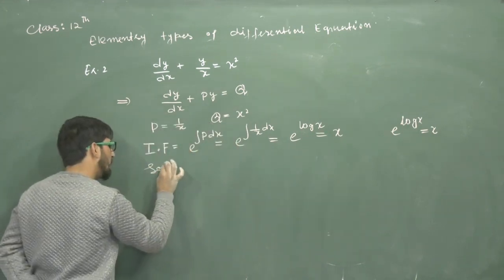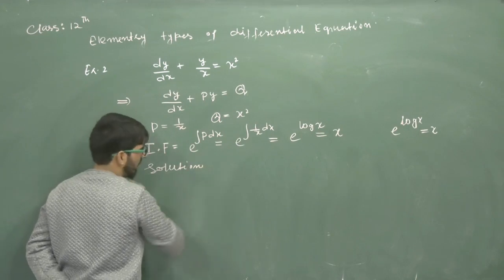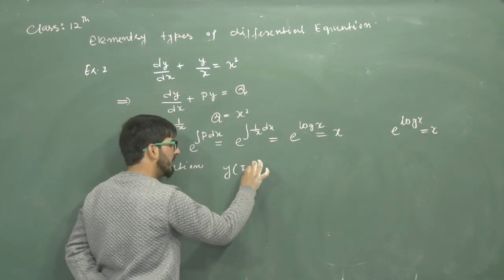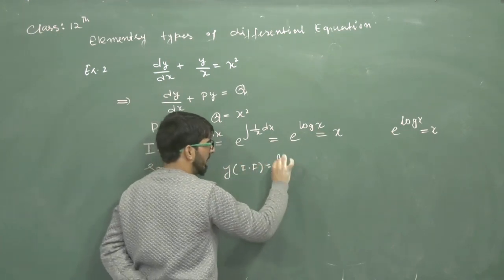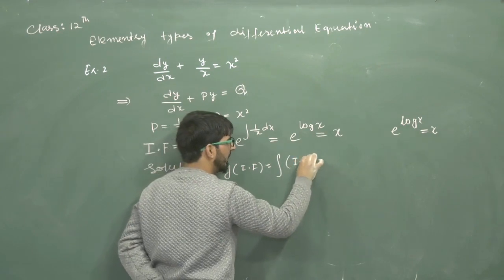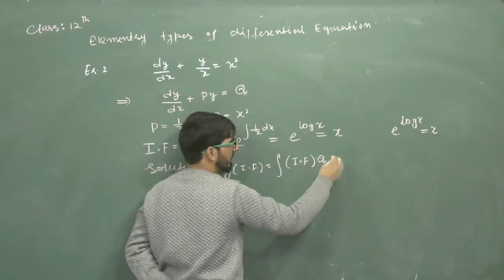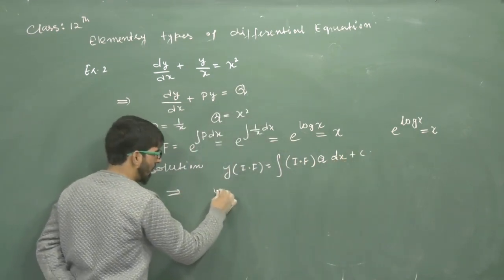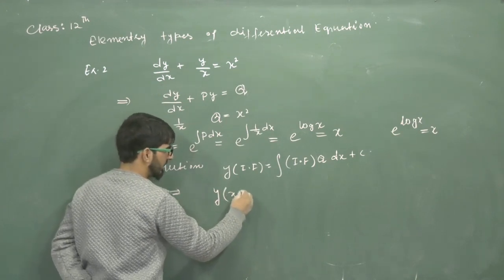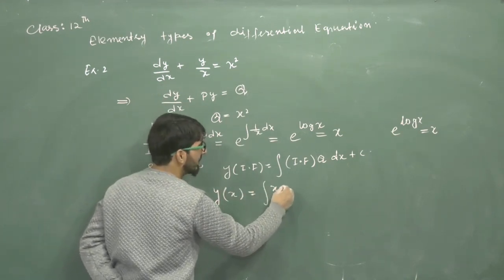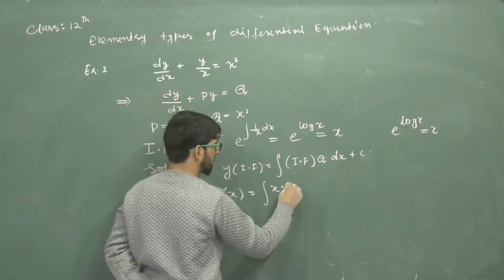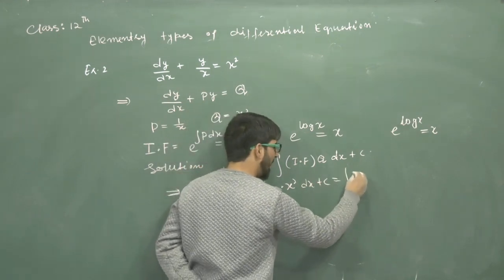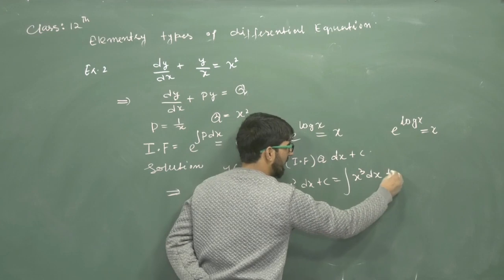As we know that the solution of linear differential equation is of the form y into integrating factor is equal to integral of integrating factor into q dx plus c. Therefore the solution will be y into x is equal to integral of x into x square dx plus c, which is equal to integral of x cube dx plus c.